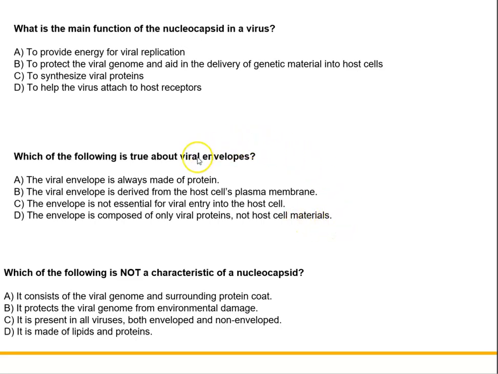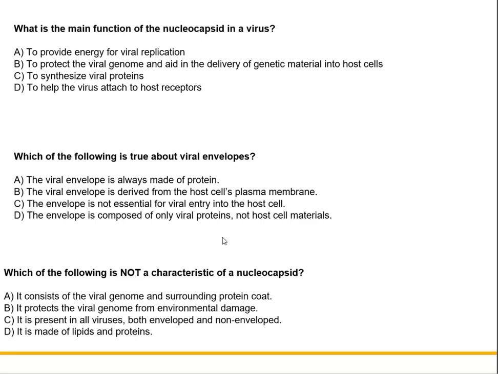Well, remember that the envelope we see primarily in animal viruses. And where is the envelope obtained? It's obtained from the animal cell. When the virus goes to leave it, it takes a little bit of its plasma membrane with it. So the answer here would be B, the viral envelope is derived from the host cell's plasma membrane.